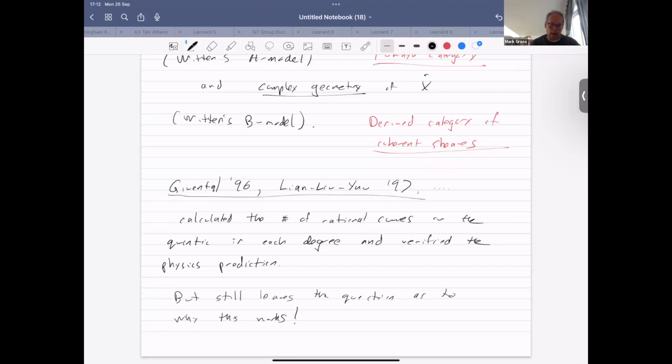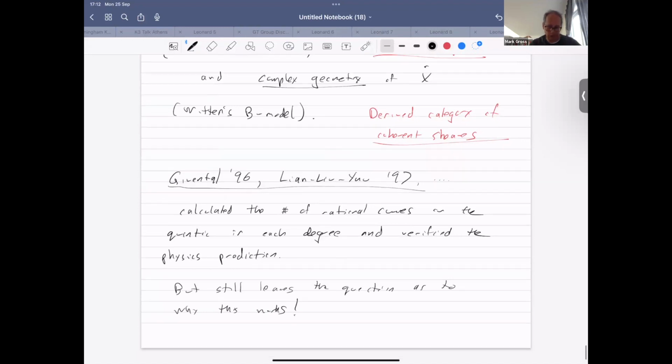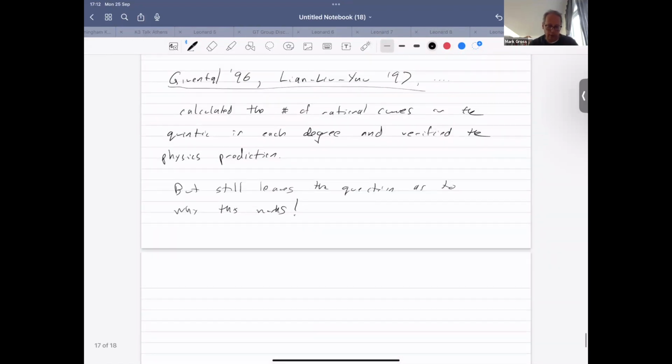Now, there's one aspect of this I want to go into, because again, this is going to be very important. So I'm going to turn back now to a more technical aspect of what's coming ahead. One of the key points is how do we define the number of rational curves of a given degree?